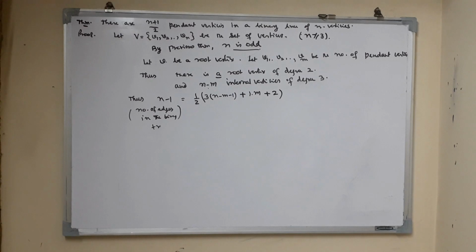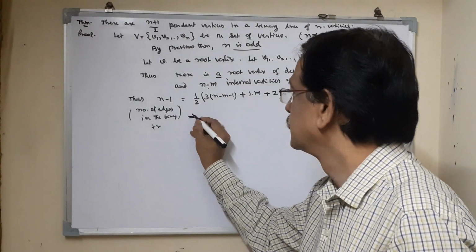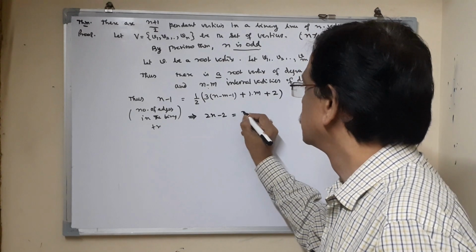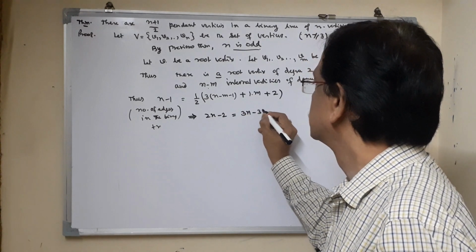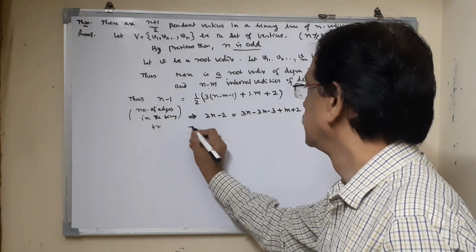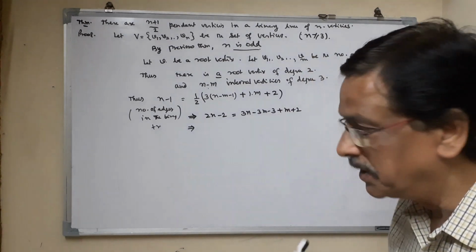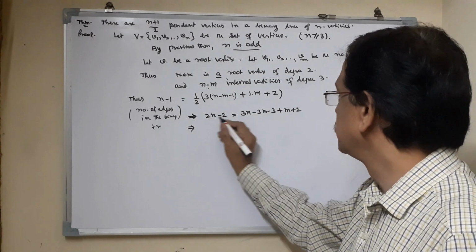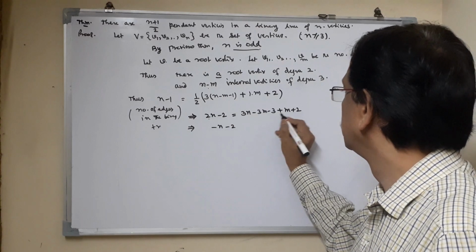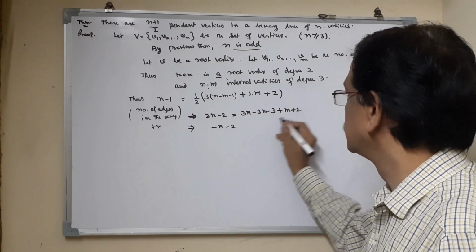So let us solve this. If I multiply by this, I will get 2n minus 2 is equal to 3n minus 3m minus 3 plus m plus 2. Solve for m. I need m. So 2n minus 3n is minus n, and minus 3 plus 2 is minus 1.